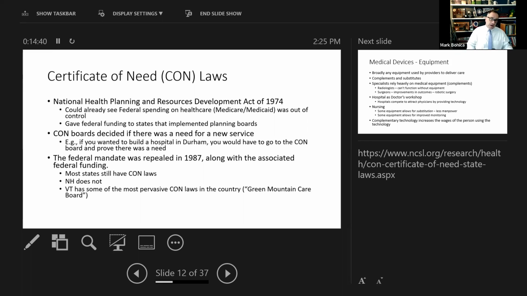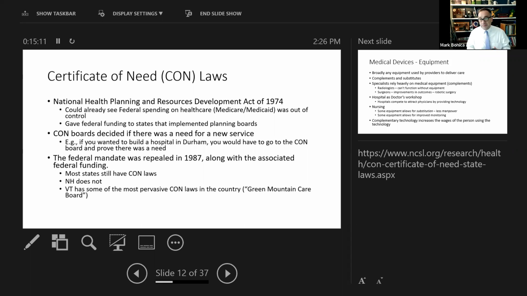So they passed this law in 1974 that established that every state had to have some sort of certificate of need process. So what does this mean? Well, if you want to build a hospital in Durham, for example, if New Hampshire had a CON law, which they did until about 2015, actually.